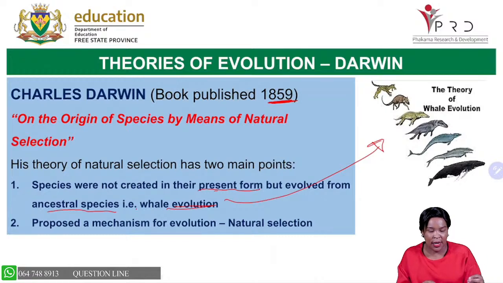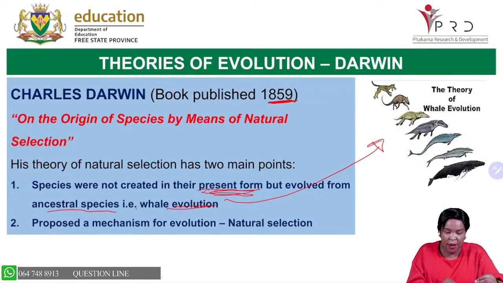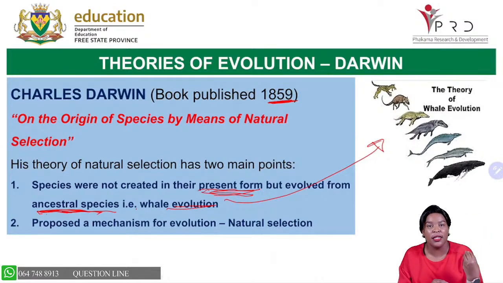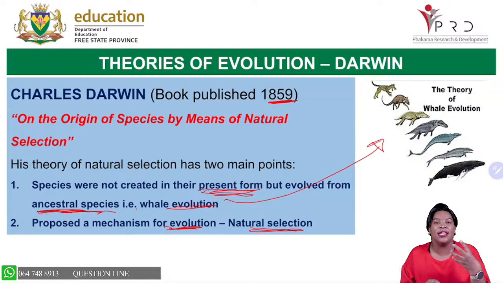So what is this statement saying? It is that what you see today is not necessarily how an organism started. It may have evolved from the species that lived before. That is what Darwin is saying. And then the proposed mechanism for evolution that he used is evolution by natural selection.